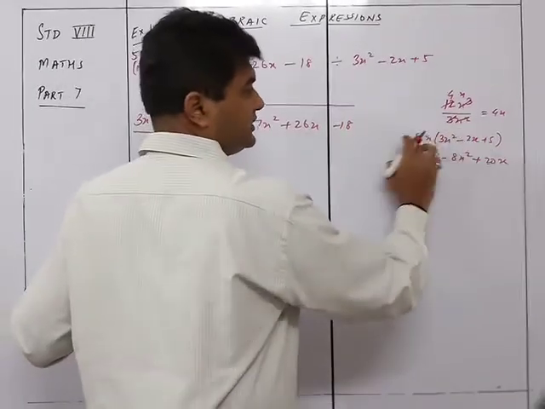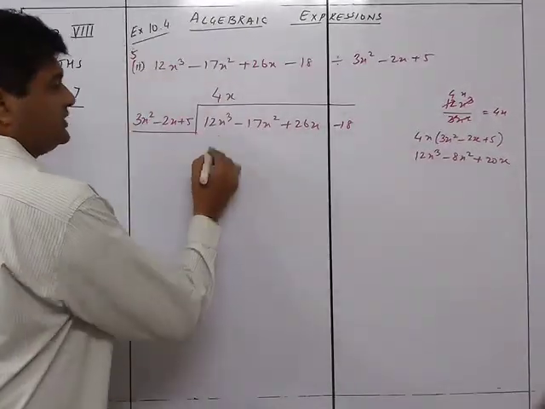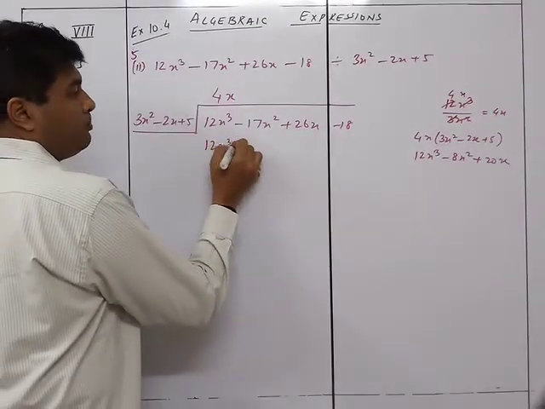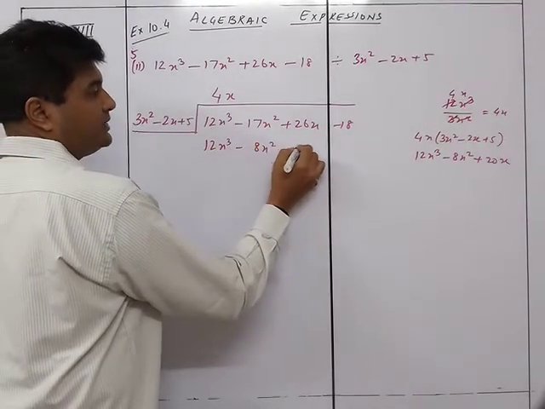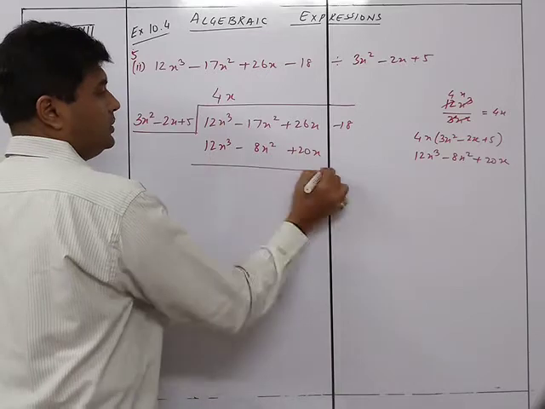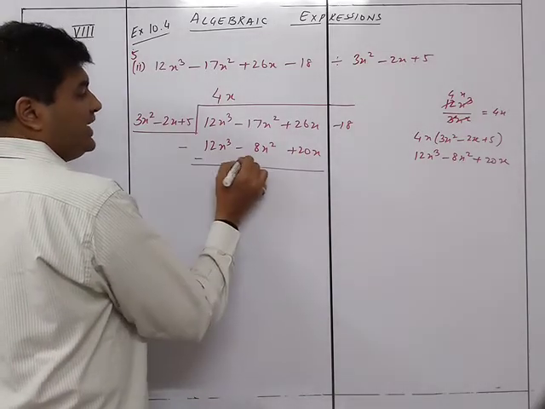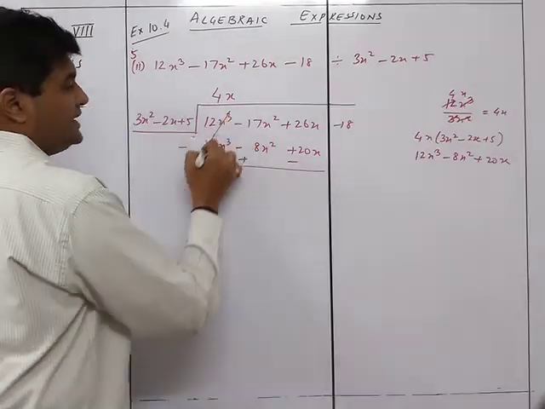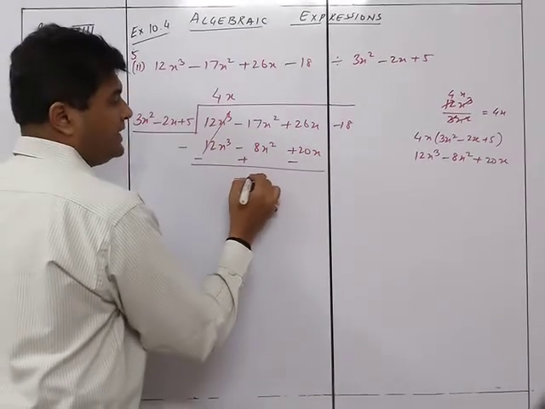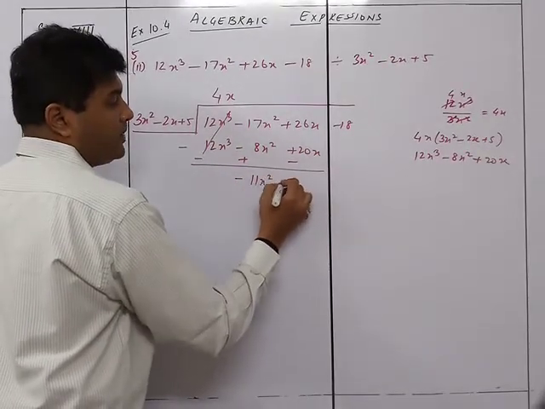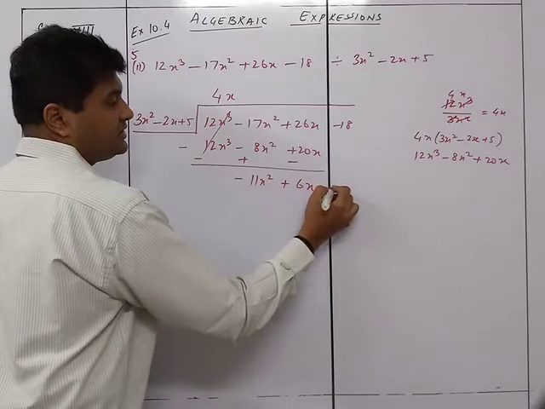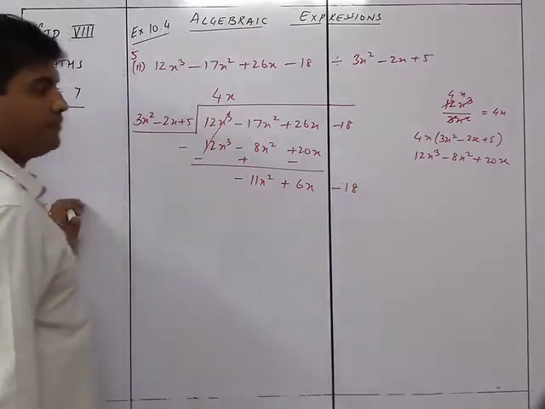Listen to this. So it is 12x cube minus 8x square plus 20x. Subtract, so signs change. So this cancels, this will become minus 9x square plus 6x minus 18.